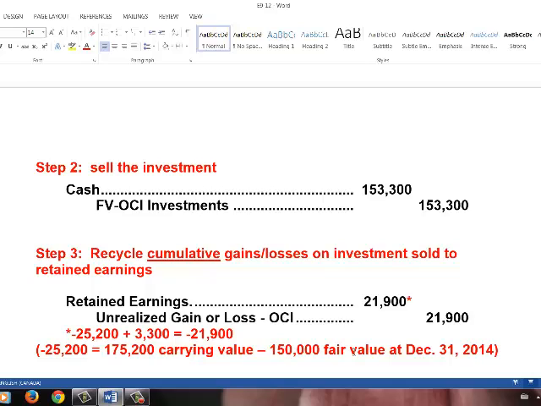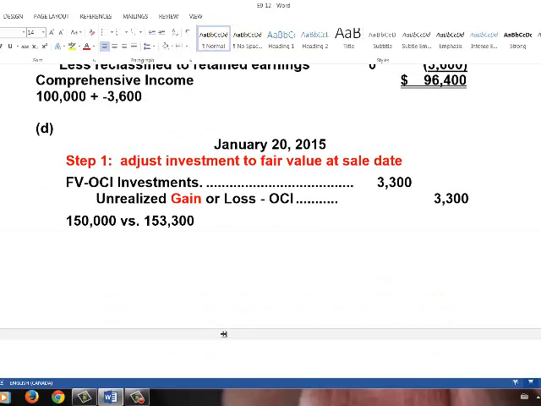This amount here, this 21.9, was the holding loss on those on shares at the end of 2014, which was the beginning of 2015. Now, on January 20th, 2015, you made a further adjustment to adjust those on shares from 150 to 153.3 at the date of sale, to fully realize or book any holding gain or unrealized gain from January 1st to January 20th.